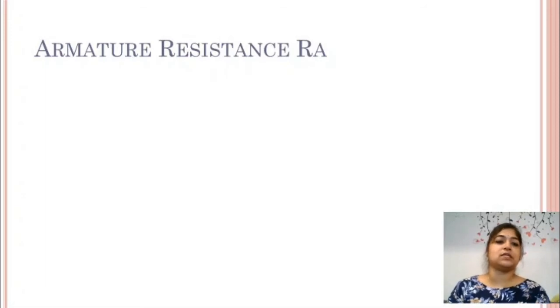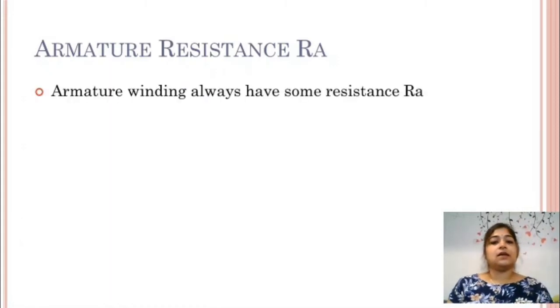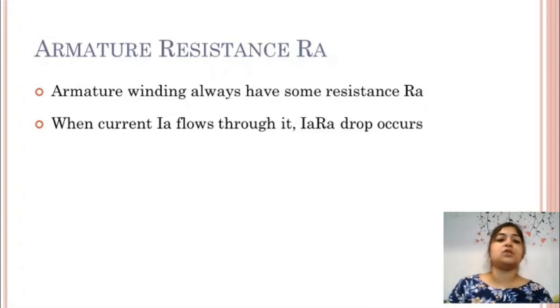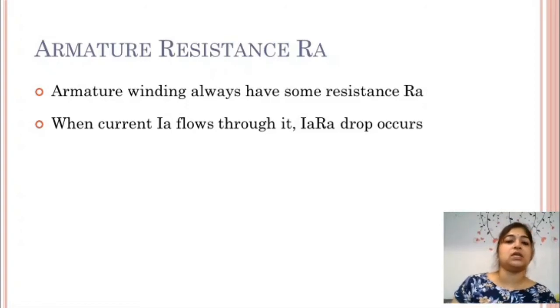Let's first of all consider armature resistance RA. Armature resistance RA is nothing but resistance of the armature winding. It always has some resistance which is very small, but you need to consider it. When current IA flows through that resistance, obviously voltage drop takes place across that resistance, and that is nothing but IARA. So IARA is the voltage drop which is occurring across the resistance of the armature.